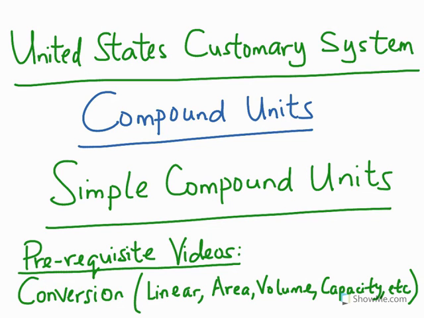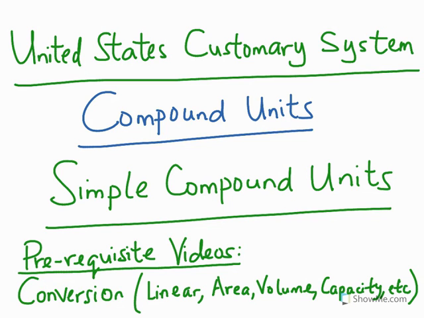Those derived units are what we are referring to as the compound units, those units that are derived from the fundamental units. And those units must be derived from at least one fundamental unit.